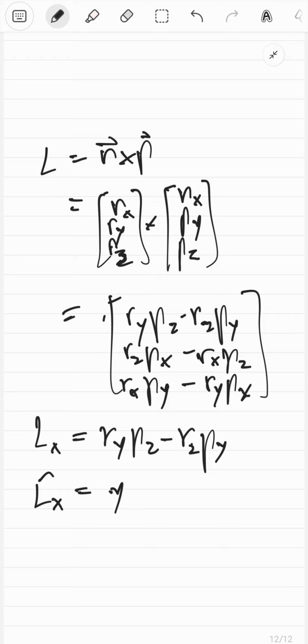The z momentum has the operator h bar upon i partial z, minus the z coordinate times h bar upon i partial y. So that's the x angular momentum operator, and similarly you get some other operators.